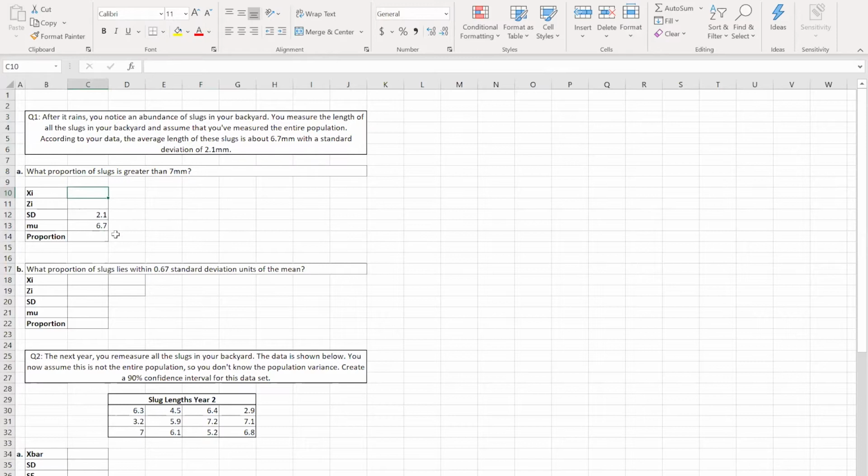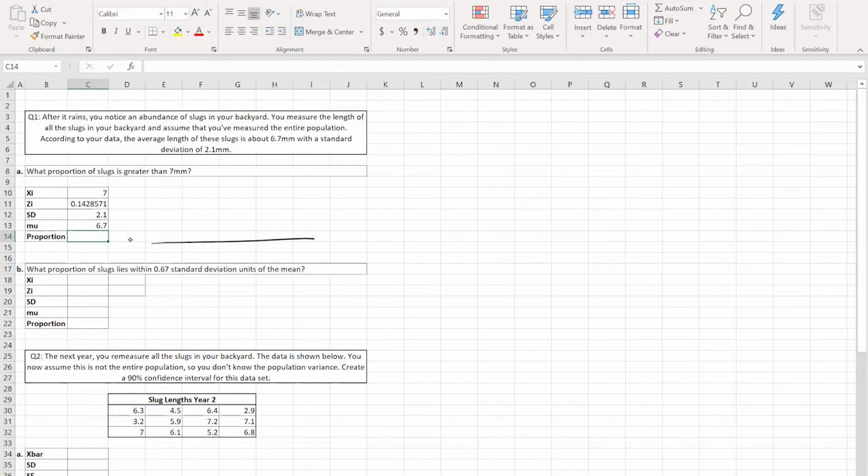So our xi is 7, and we need to calculate a z-score for that value. So it's xi minus our mean divided by our standard deviation. We now need to calculate the proportion that is greater than 7 millimeters.